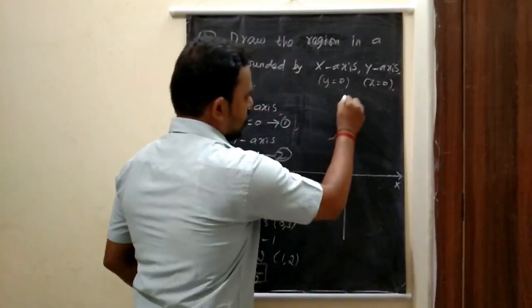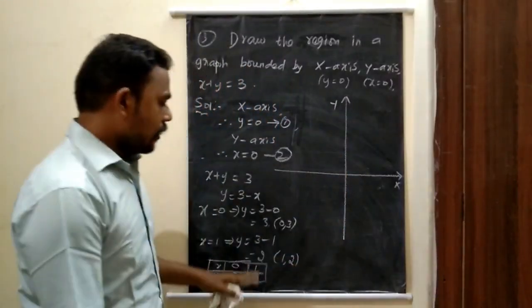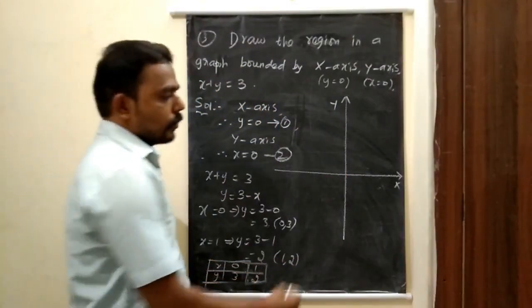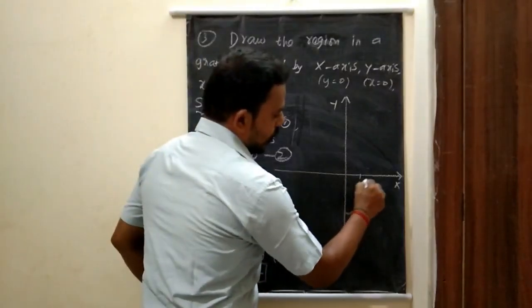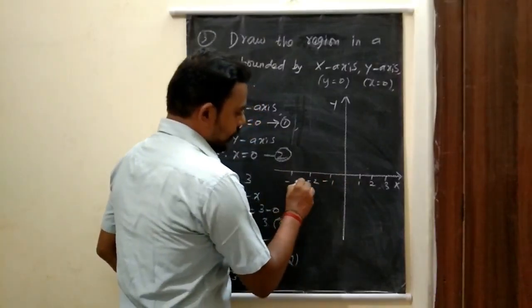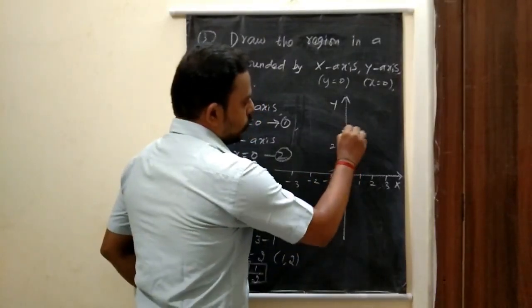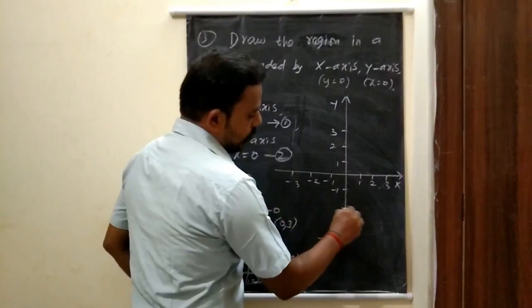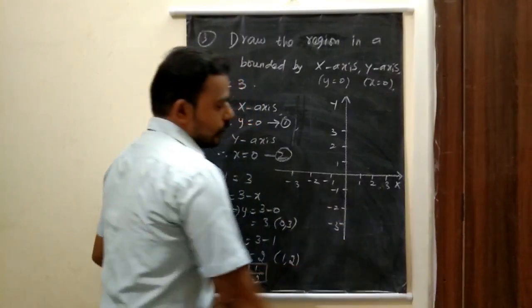X-axis, y-axis. These are the points: 0, 1, 2, 3, minus 1, minus 2, minus 3 and so on.